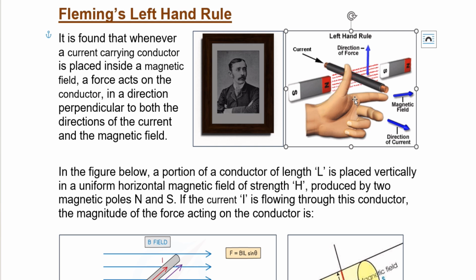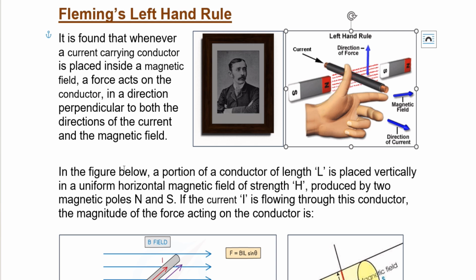If you stretch your thumb, forefinger, and middle finger perpendicular to each other, with the direction of current given by the middle finger and the magnetic field direction given by the forefinger, then the direction of motion is perpendicular to both of them, and it is given by the thumb. That is what Fleming's left hand rule says.